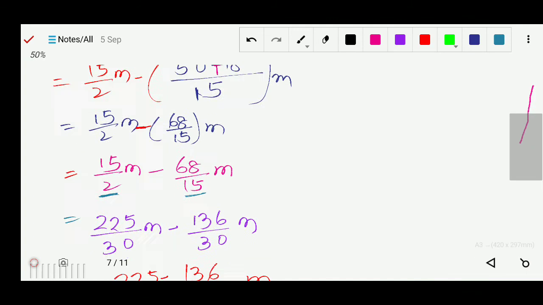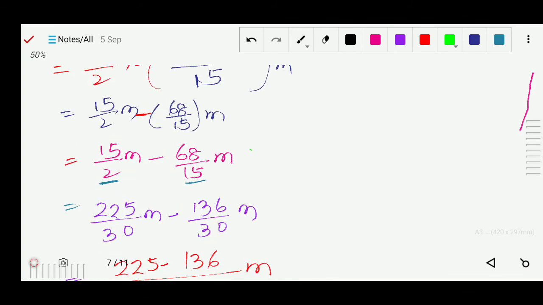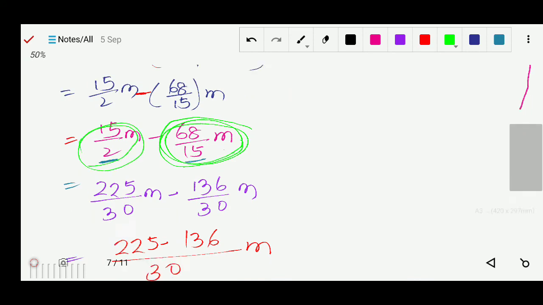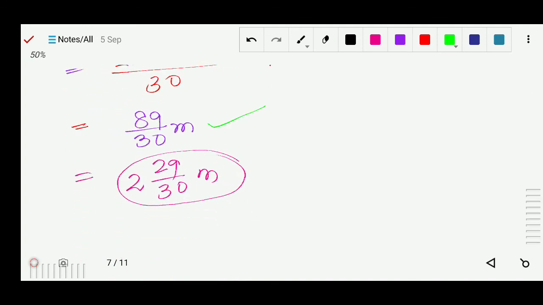Then this sum of the used, 68/15, is subtracted from the total, and we got 89/30, which is the remaining one. So this is what is left, 2 and 29/30.